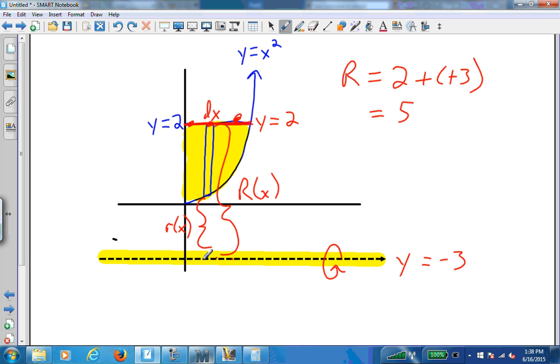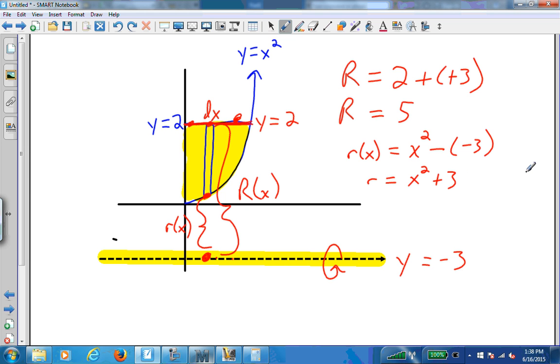Now, little r is going to change. The farther we get over, the larger this distance becomes. So little r, if we take the top, given by our function x squared, and subtract this y value, -3, then little r is given by x squared plus 3.